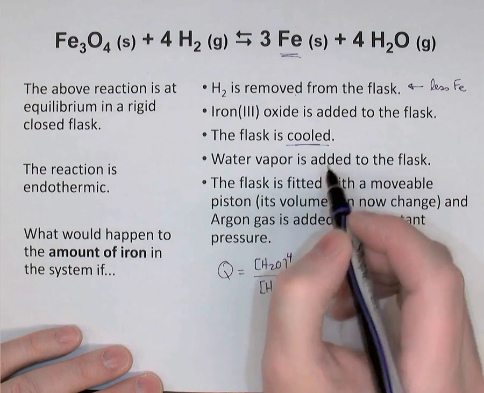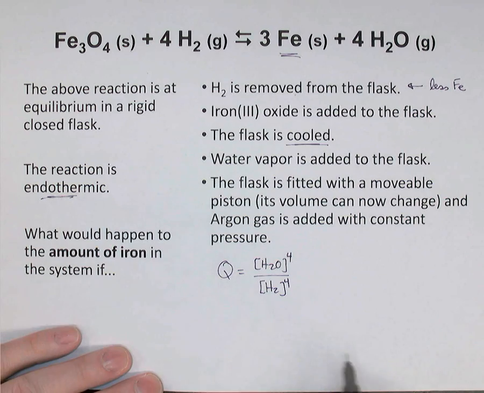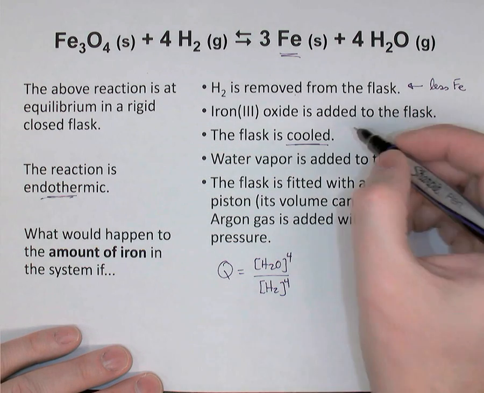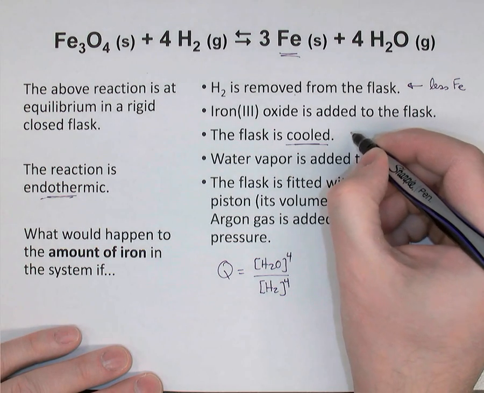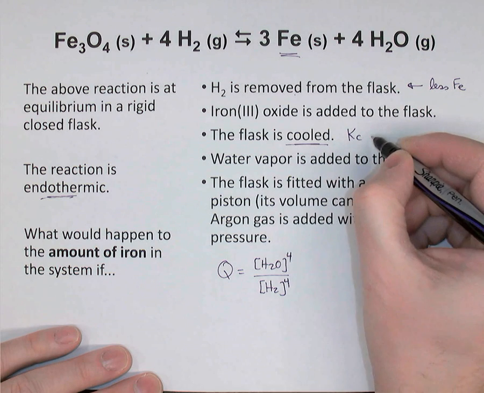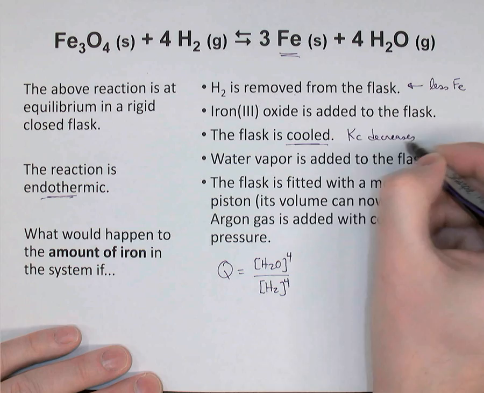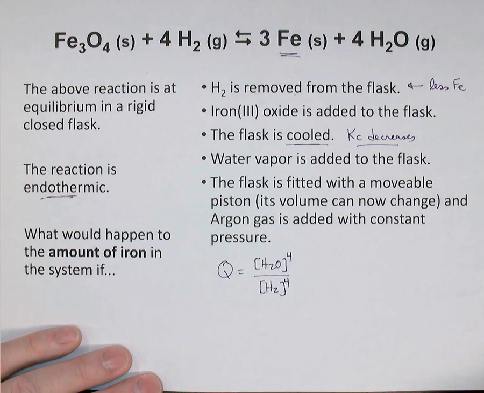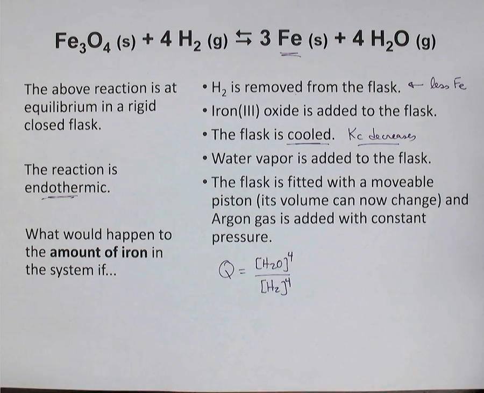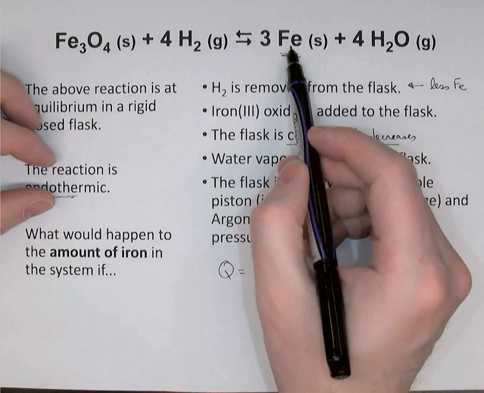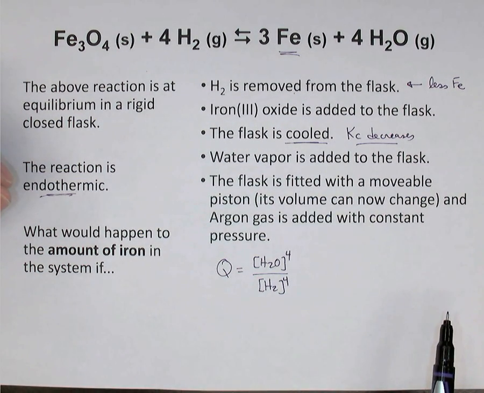Let's cool the flask. Well, we know this reaction is endothermic. So cooling the flask for an endothermic reaction causes Kc to decrease. If Kc decreases, then Q is now larger than Kc, therefore there'll have to be a reverse shift. A reverse shift means less Fe will be in the container.